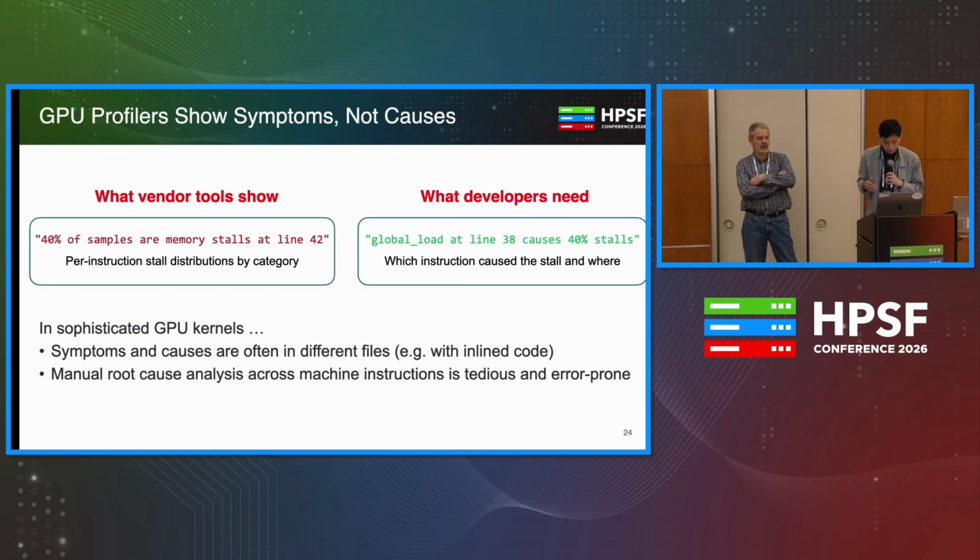There's also another real problem here: in many cases, especially in complex HPC programs, especially those really large programs like LAMMPS, the symptoms or performance issues and the real root causes are in different files, and it's really hard to manually trace back to the root cause according to the symptoms.